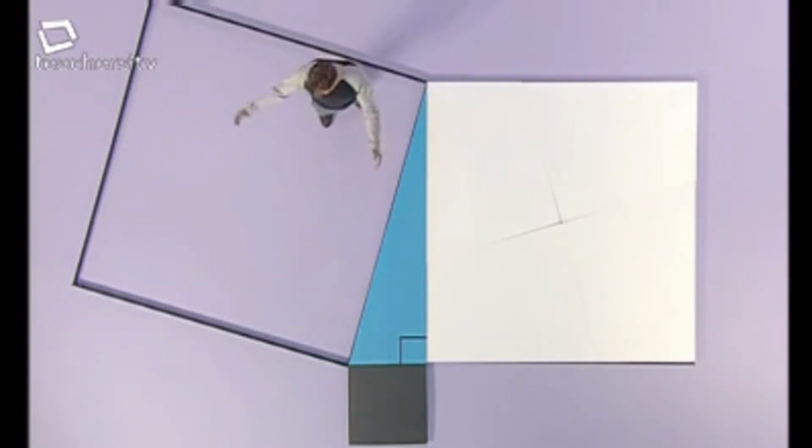Pythagoras stated that the area of the square on the longest side of a right-angled triangle is equal to the sum of the areas of the squares on the other two sides.